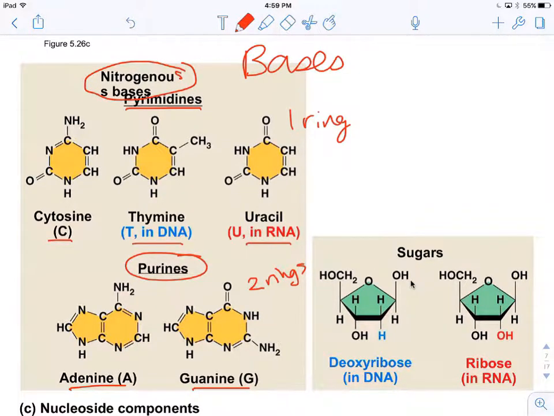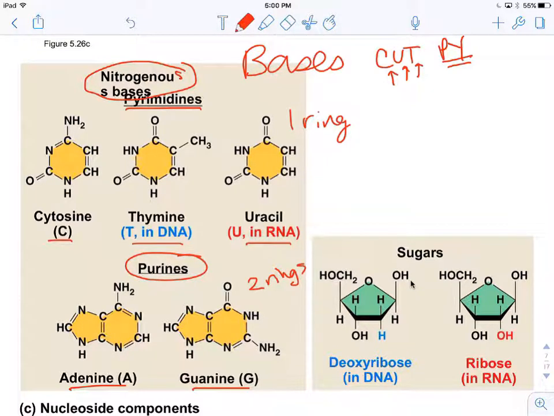The way I remember them is if you cut a pie. Obviously, you don't spell pie that way, but cytosine, uracil, and thymine are pyrimidines.